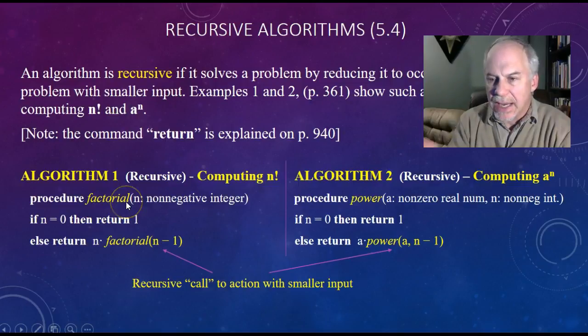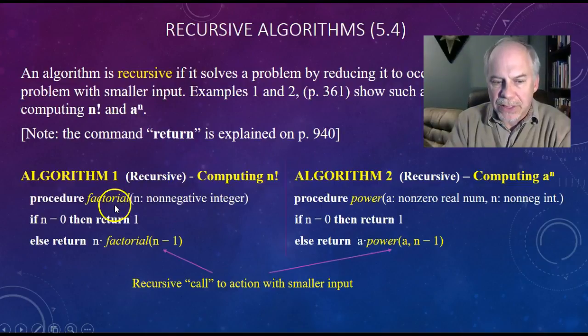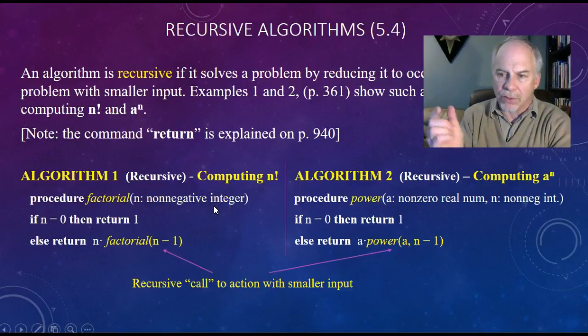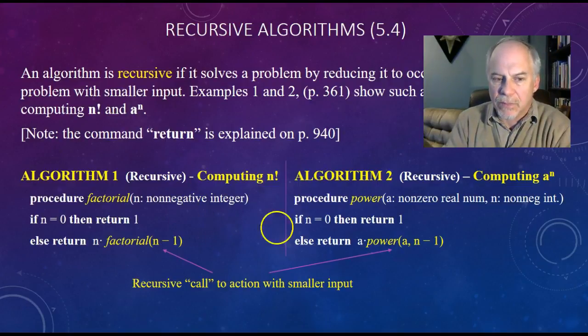That is the name of the procedure, and when we want to call it into action, we just give its name. Now, input to this procedure is a non-negative integer n. So if you call it into action, you're going to call it giving it what that n value is. But we can change what that n value is.